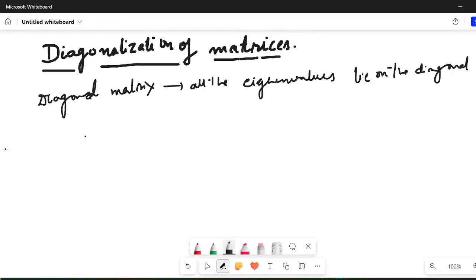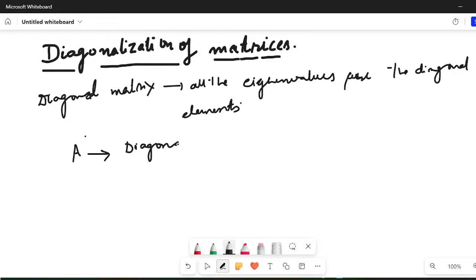All the eigenvalues are nothing but the diagonal elements. So it would be interesting if, via some transformation, we are able to reduce a matrix to a diagonal matrix.